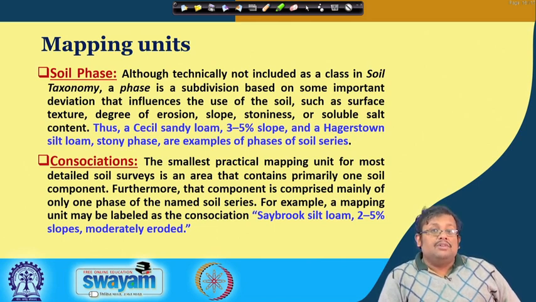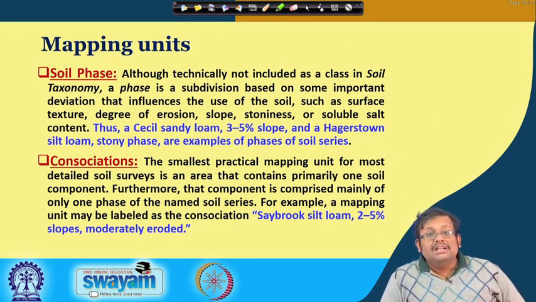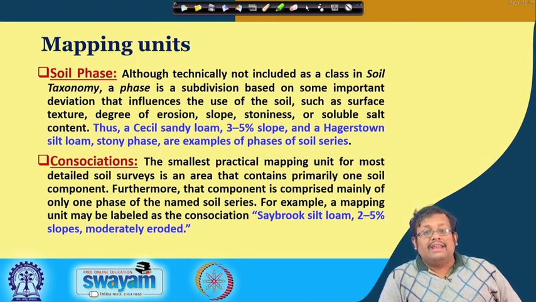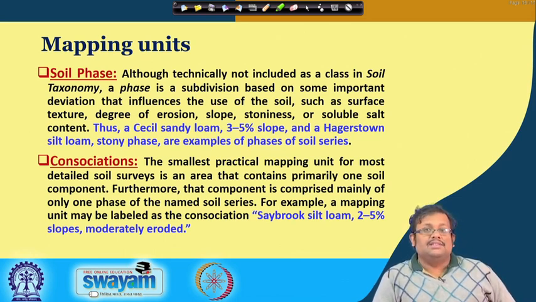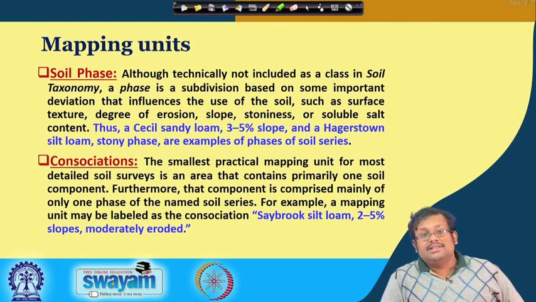Sessile sandy loam 3 to 5% slope and Hagerstown silt loam stony phase are examples of phases of soil series. When you add more characteristics or features to the soil series, we call it a soil phase, because here, with Sessile sandy loam 3 to 5% slope, adding the 3 to 5% slope makes it a soil phase or phase of a soil series.